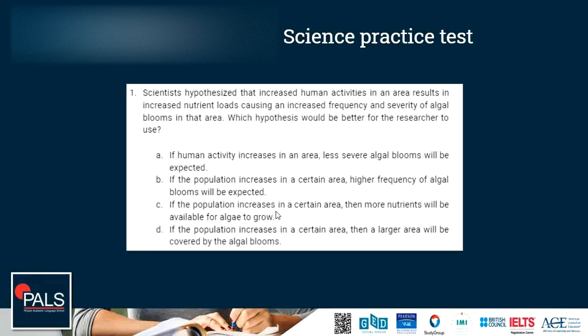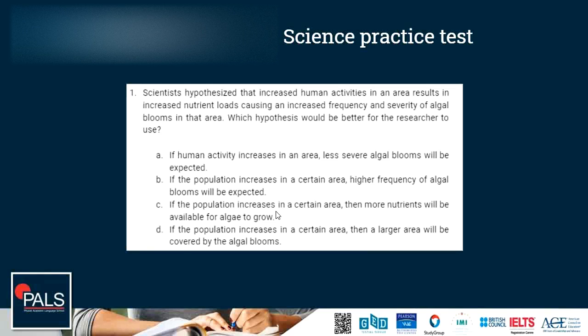A. If human activity increases in an area, less severe algal blooms will be expected. B. If the population increases in a certain area, higher frequency of algal blooms will be expected. C. If the population increases in a certain area, the more nutrients will be available for algae to grow. D. If the population increases in a certain area, then a larger area will be covered by the algal blooms.